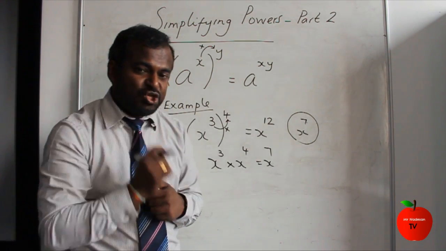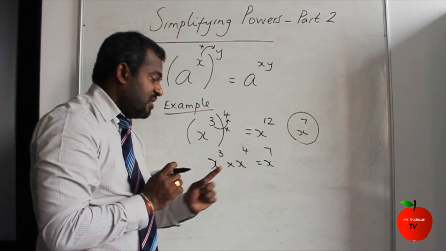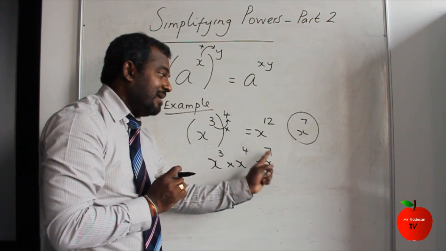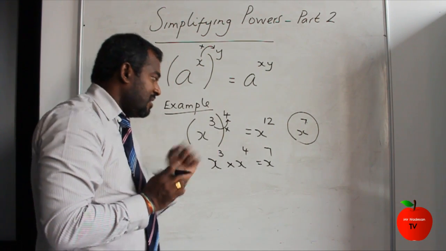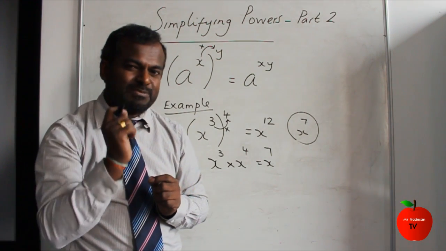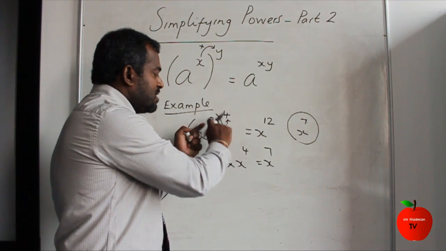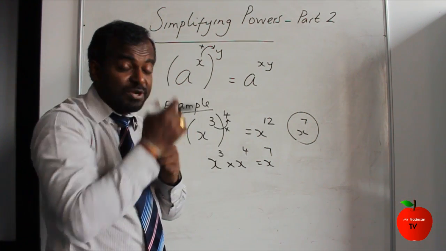You have to make sure that when the base is equal and you multiply, you add the powers, and that comes to 7. But here you remove the bracket, and when you remove the bracket it means you expand the bracket. Expand means multiplication. So these two powers, you just multiply and put it.